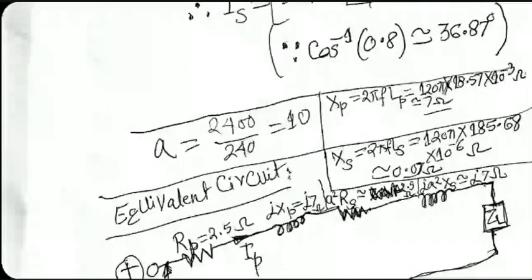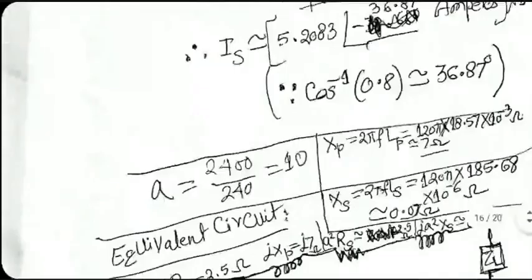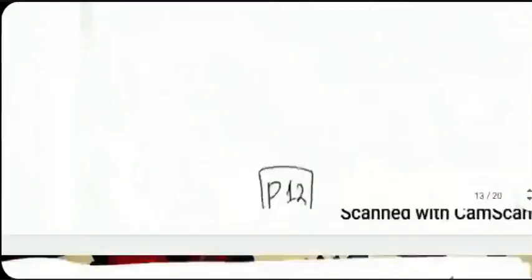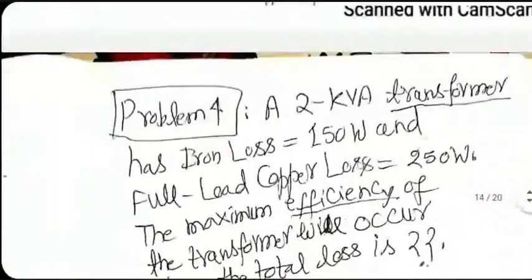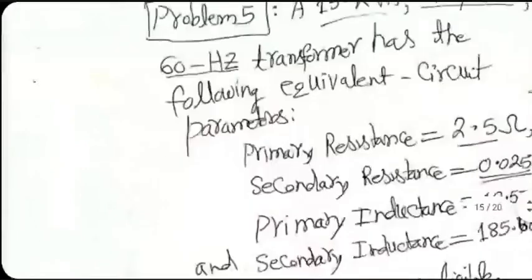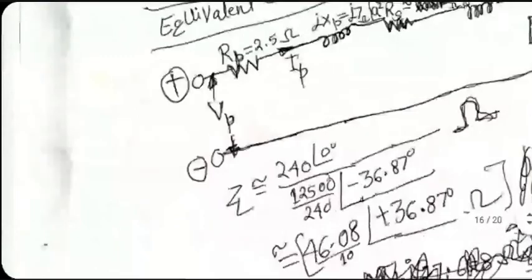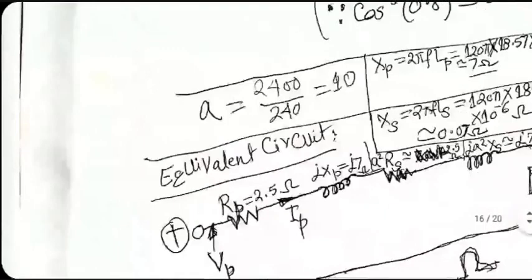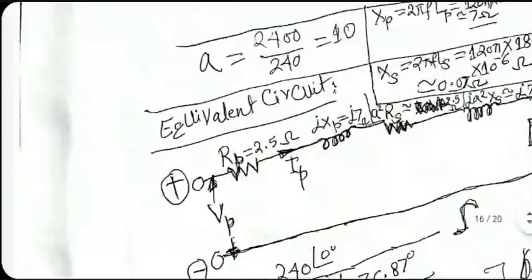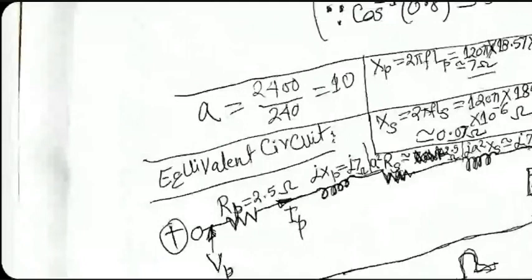RS, the real value, I think it was 0.025 ohm. Let me double check. Yeah, 0.025 ohm. So I multiply that by A square. A is 10, so A square is 100. So 0.025 multiplied by 100 gives you 2.5 ohm.